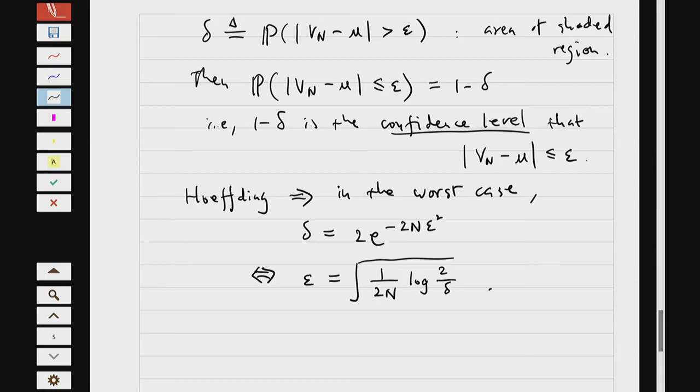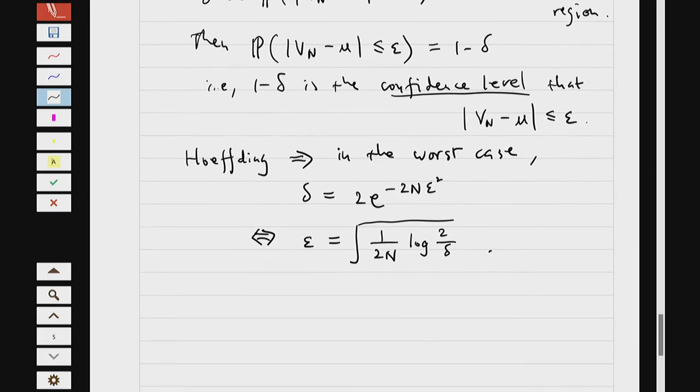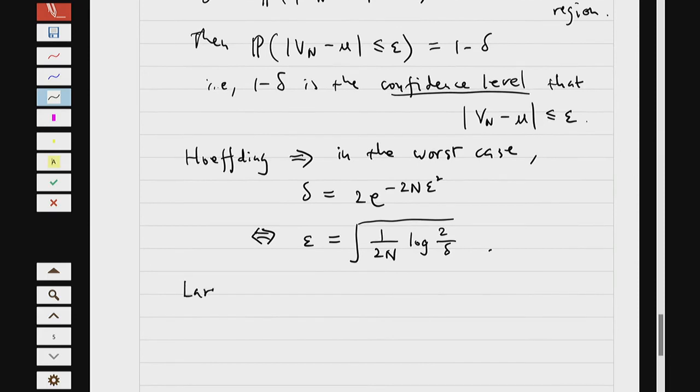If you have a larger epsilon, then you can have a smaller delta, and then you have a higher confidence because 1 minus delta is the confidence level. So larger epsilon is the same as saying we have smaller delta. You can go the other way around as well, and this is the same as saying that I have a higher confidence level.